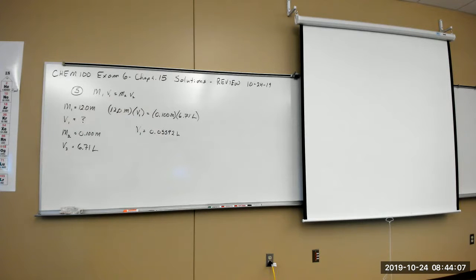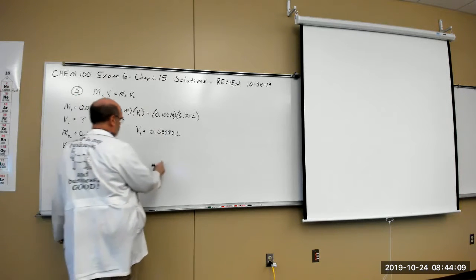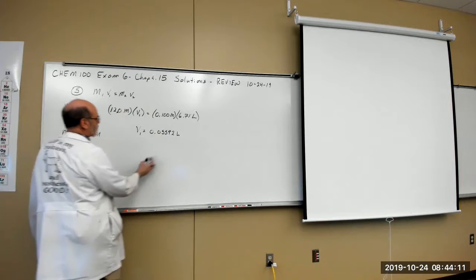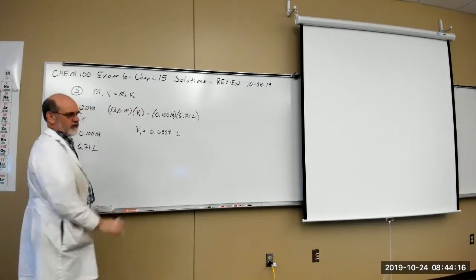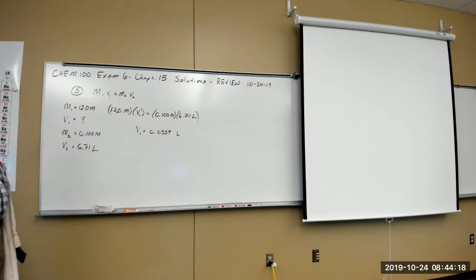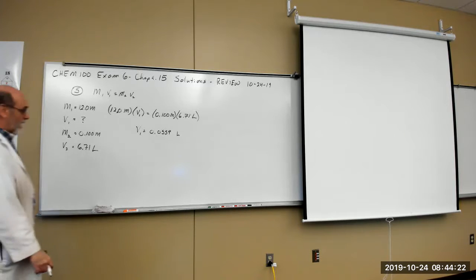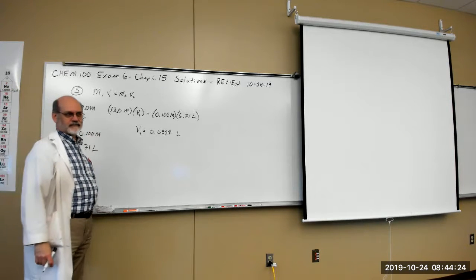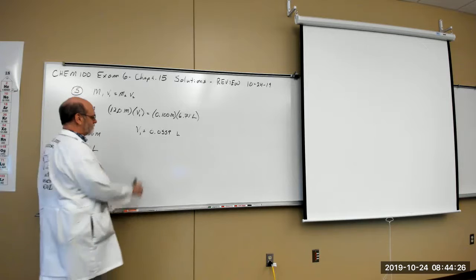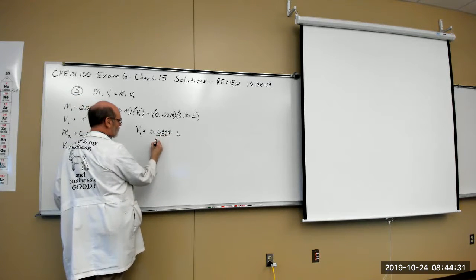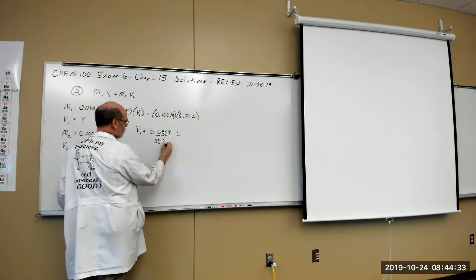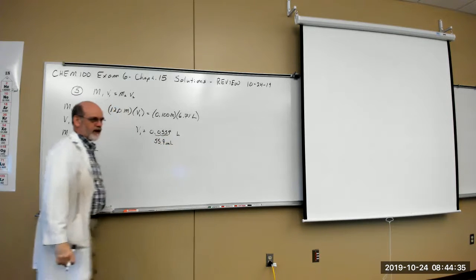Yes, it's in liters. So we want to round it off to 3 significant figures. There you go. So that's the answer. That many liters. Just out of curiosity, how many milliliters is that? 55.9 milliliters.